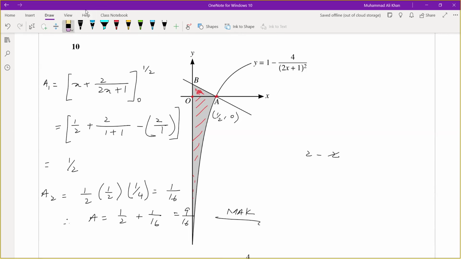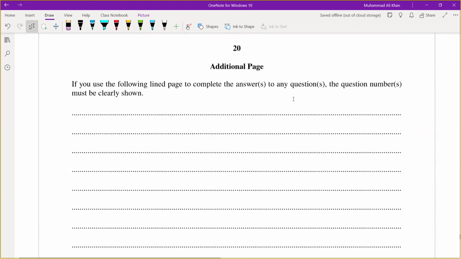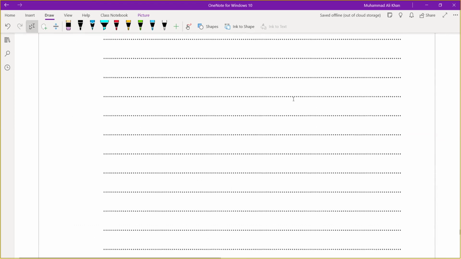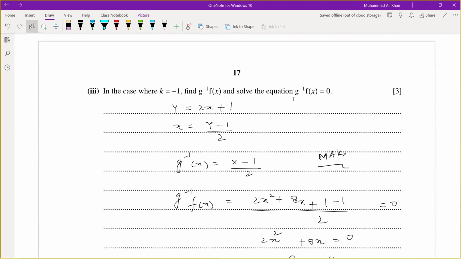Now, what is next? Check करते हैं जरा. And this was the last question of your paper, up to the area of the shaded region.